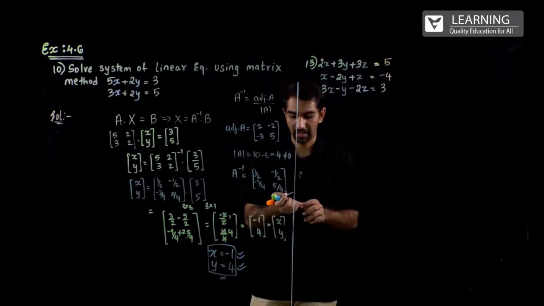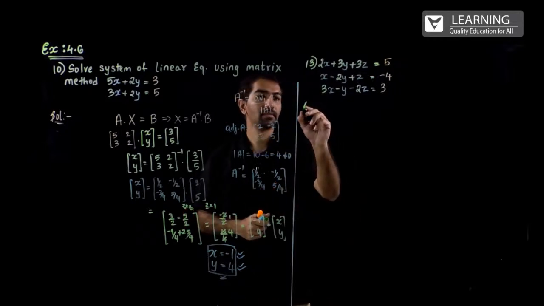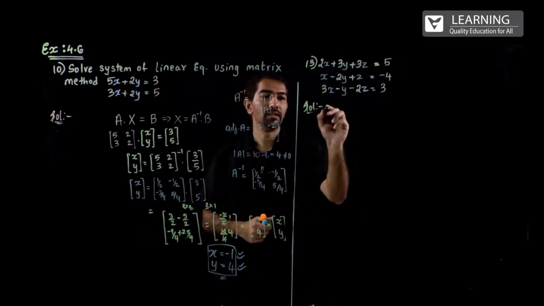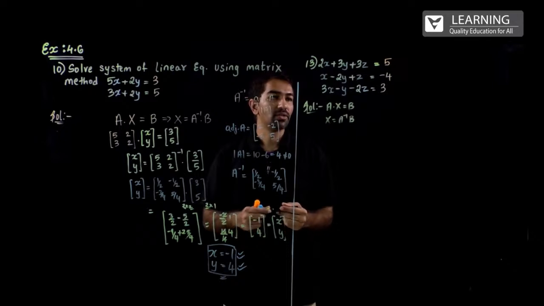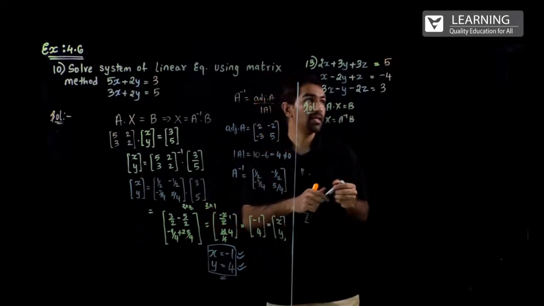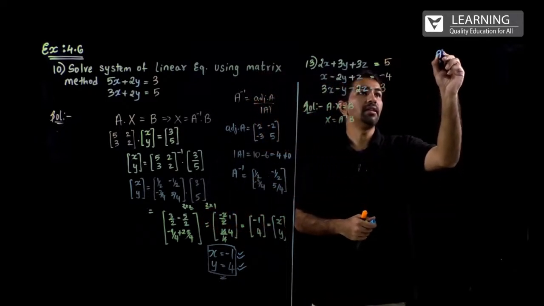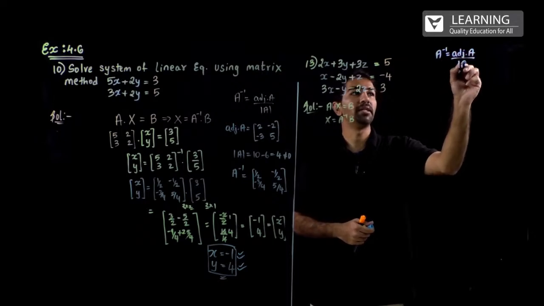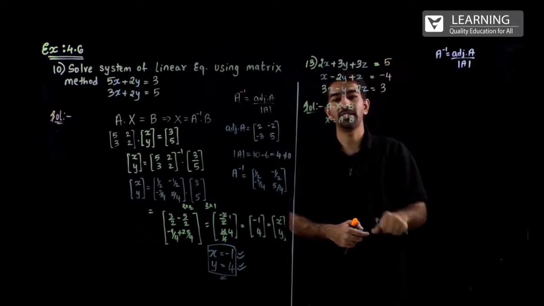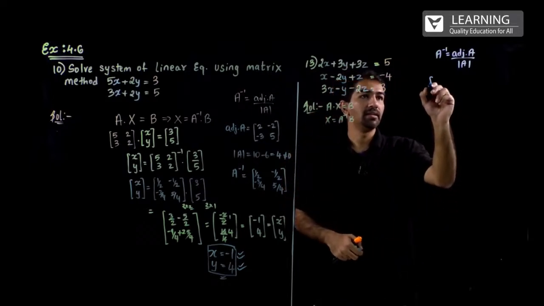Okay, so let us start the solution for this. Solution: A dot x equals b, x equals A inverse of b. Okay, so A inverse is nothing but adjoint of A divided by determinant of A. How do we find out the adjoint of this? So what is matrix A?